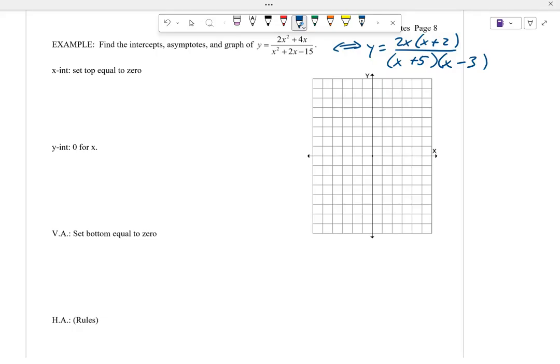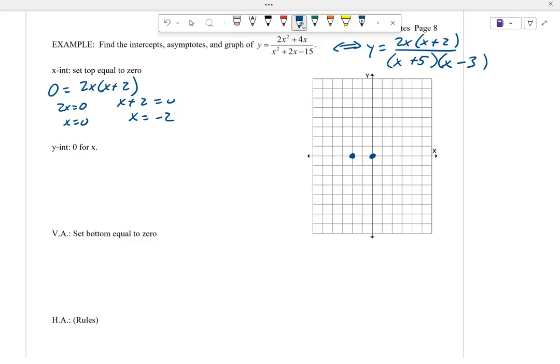Let's go ahead and find our x-intercept by letting y be 0. So if the numerator is 0, we'll have an x-intercept. Divide by 2, divide by 2, I get 0 and negative 2. So 0, 0, negative 2, 0. So I have 2 x-intercepts there.